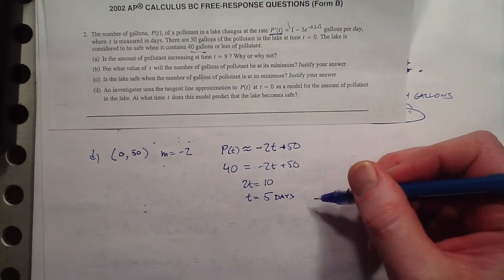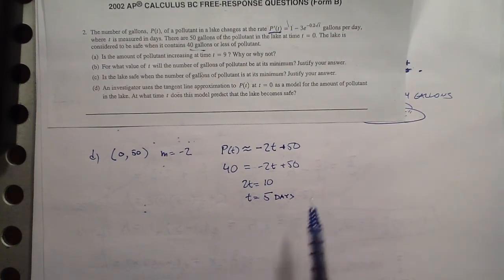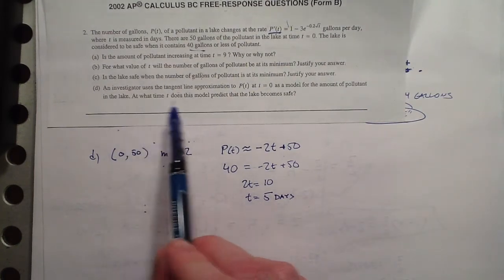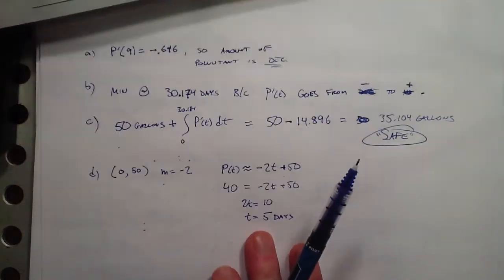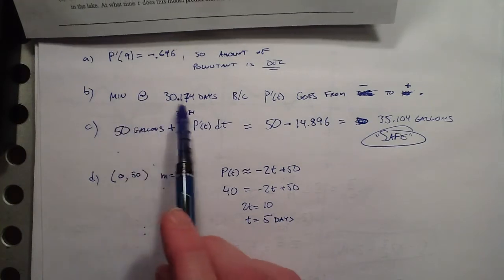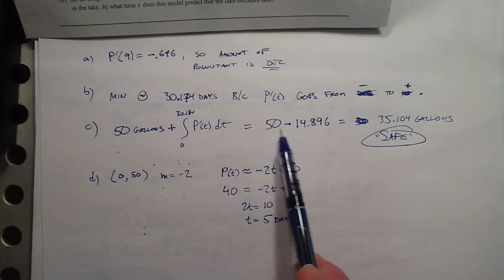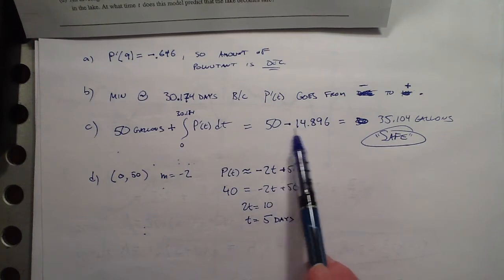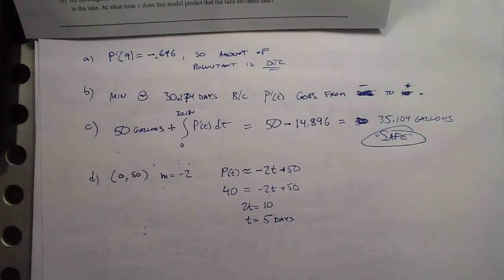So that's the answer. Maybe a little bit of reflection on that. Why did this model predict that the lake became safe at 5 days, but the real calculus up here predicted that it didn't become safe? Oh, actually, we didn't know when it became safe exactly, did we? But it appeared from the graph that it was certainly later than 5 days, right?